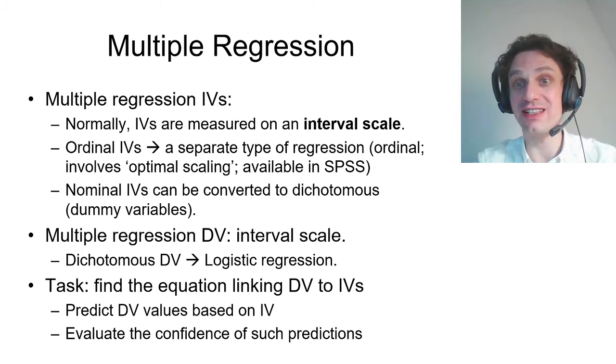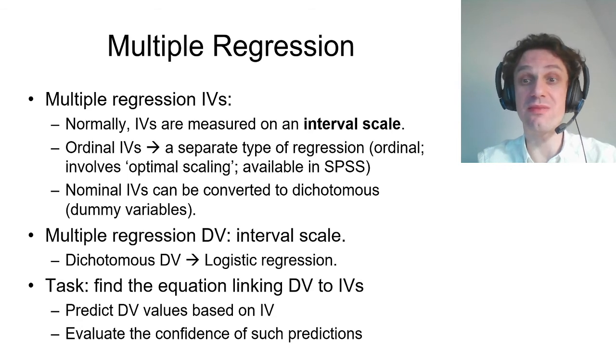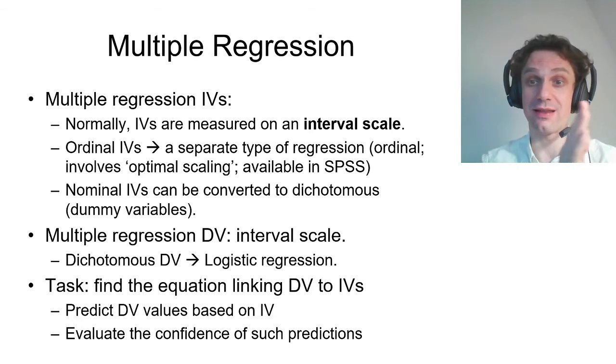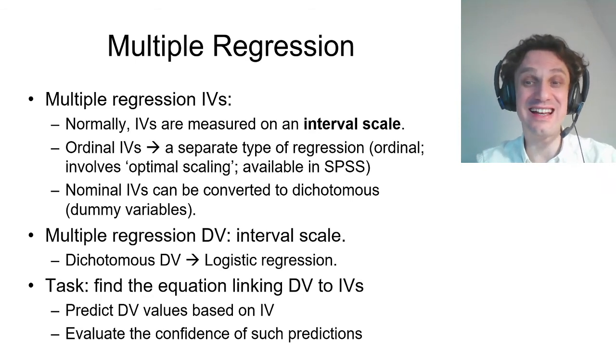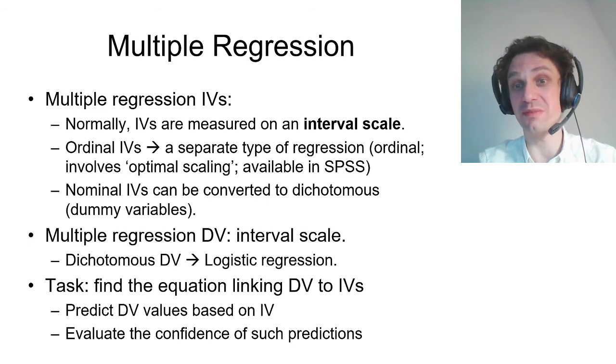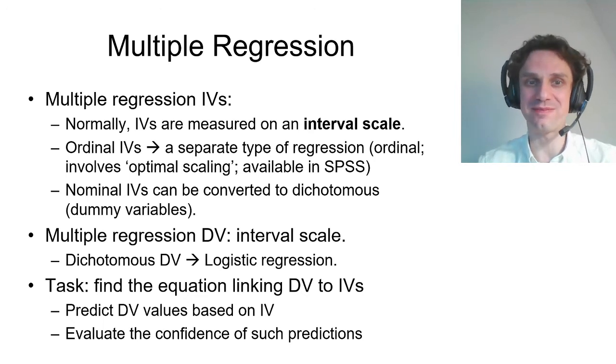If the distribution is close to normal, you can use them in regression. However, if the distribution is not normal, or the number of categories on this ordinal scale is very small, then it's best not to use them in regression and use either a separate type of regression, which is called optimal scaling, or recode them as if they were nominal variables.